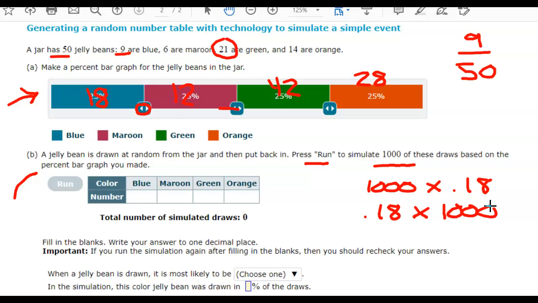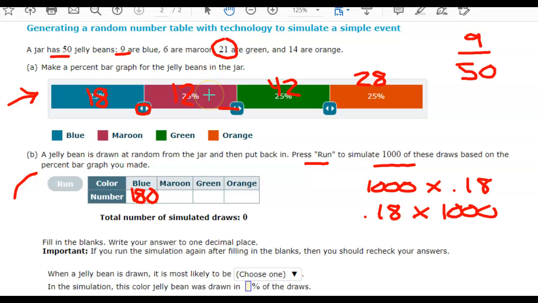Okay, so you can do that in your head. You guys should be able to do that in your head. Okay, so that's going to give you 180. So in our simulation, we would get 180 blue jelly beans. Now we're going to do the exact same thing with 12.